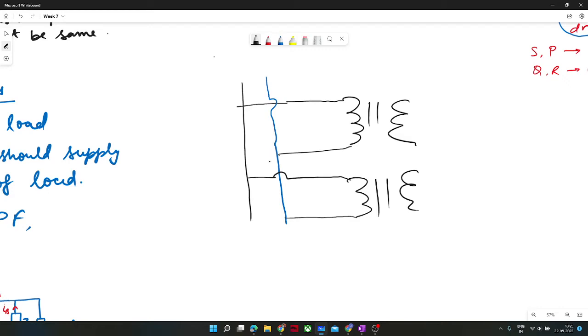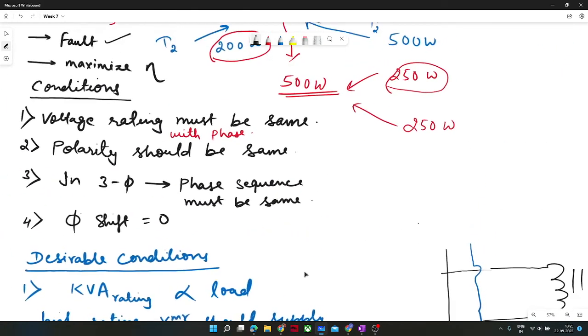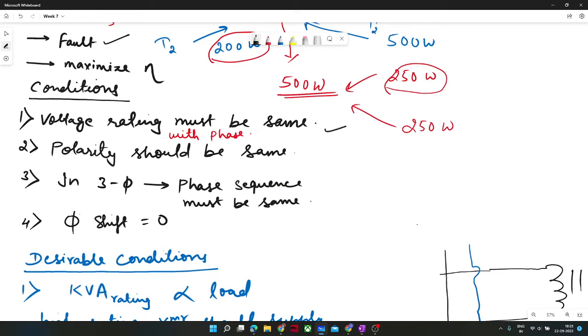So for that purpose, we should always avoid circulating current, and for that only we maintain the same voltage rating with angle or phase. If the magnitude is equal but the phases are not equal, then power would flow from the higher angle to the lower angle, as we have seen in synchronous machines. So these conditions we should always maintain.